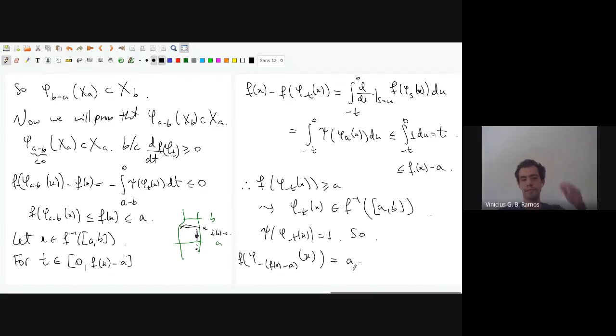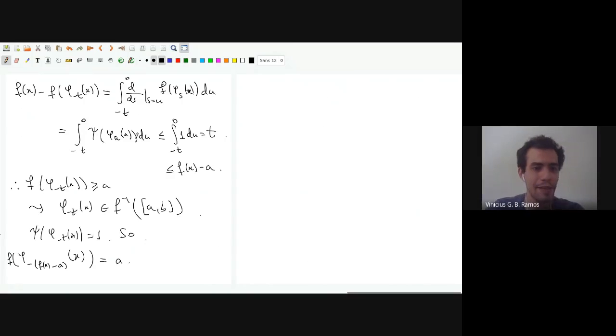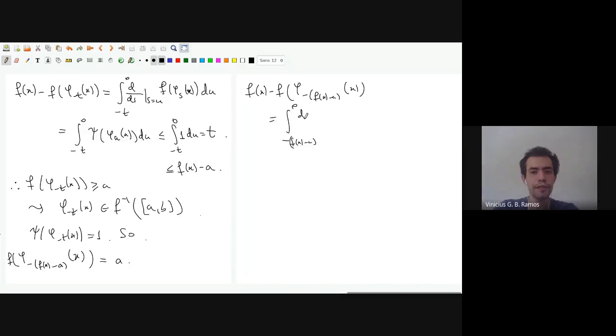Okay, so if you don't believe that, I can do the calculation. The calculation is basically the same as here, except that now the psi is equal to 1. So f of x minus f of this at the point phi of minus f of x minus a, at the point x, this is the integral from minus f of x minus a to 0 of d/ds of this.